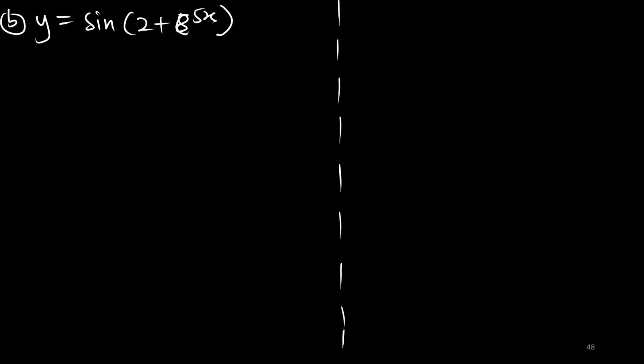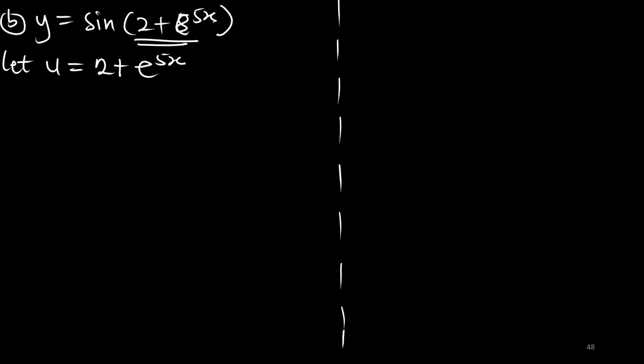Alright, so here we can also use the substitution once again to solve for this expression. We can let u be equal to whatever is in the bracket over here. So we can say let u be equal to 2 plus e to the power 5x. Is that right? Yes.